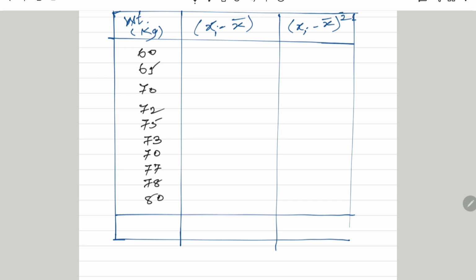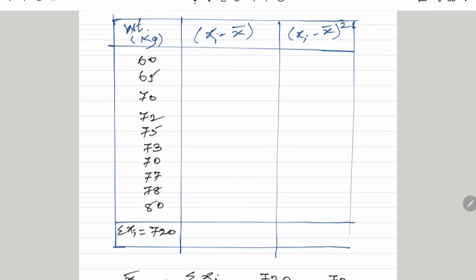Weights for 10 persons. Then the sum of xi, the sum of all these weights, is 720. Using this, we find the mean for weight as the summation of xi divided by the number of persons. That summation is 720 divided by 10. We get that value as 72.